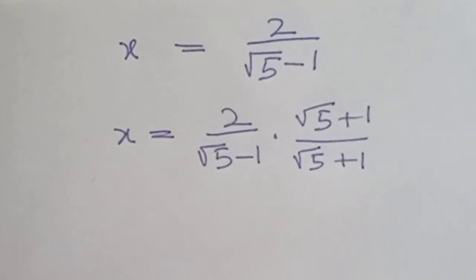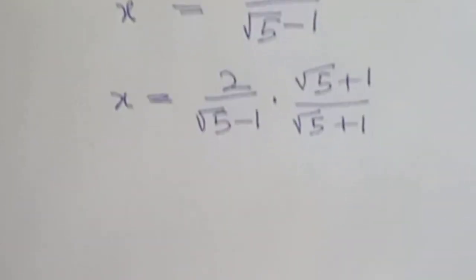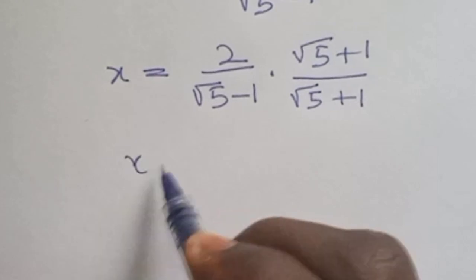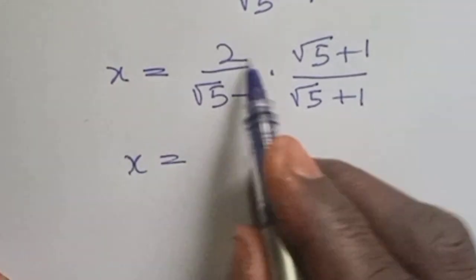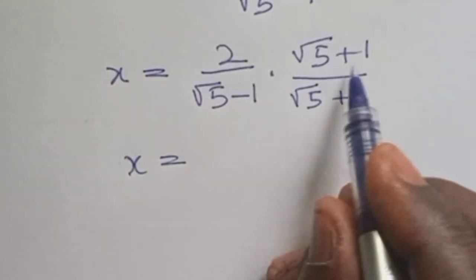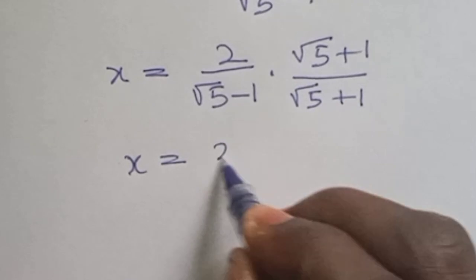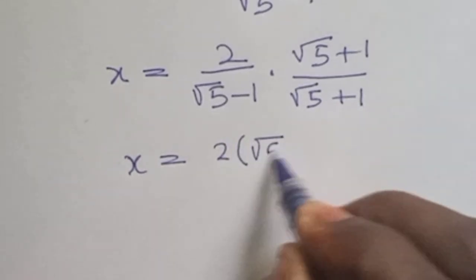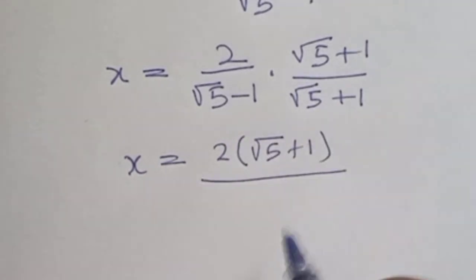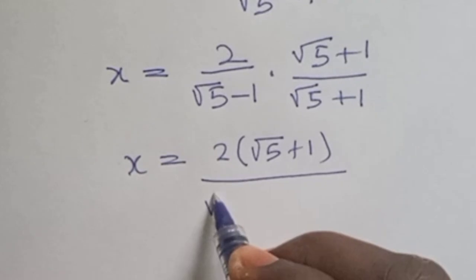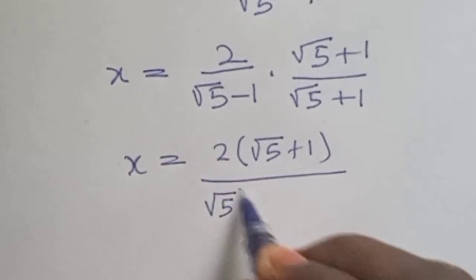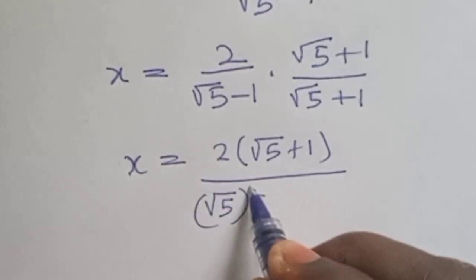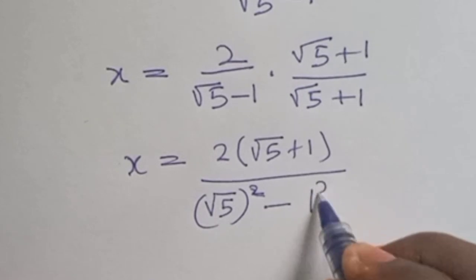That's rationalizing it. So what we do next, s will be equal to 2 times square root of 5 plus 1, all over square root of 5 squared minus 1 squared.